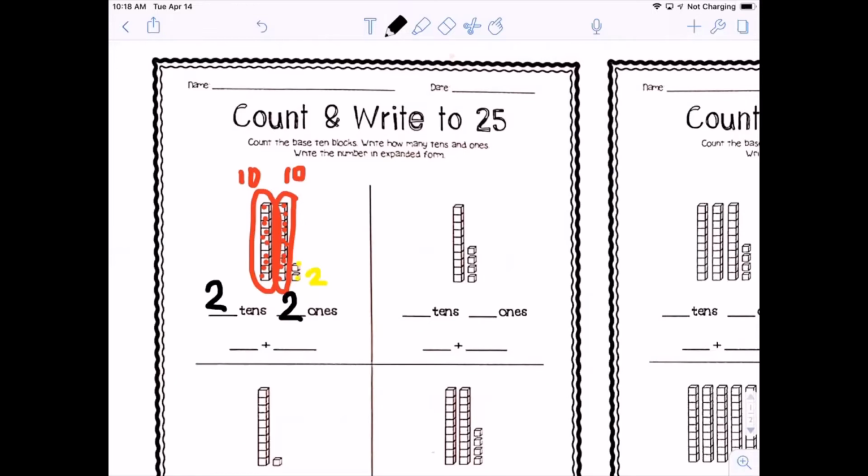Now right here on the expanded form, I have to write the numbers. So right here I count by tens. 10, 20. So I write 20 there, because 2 groups of 10 makes 20. Now my ones, I write them here.